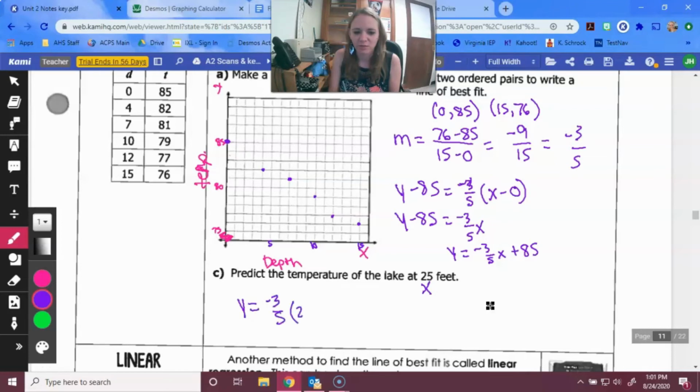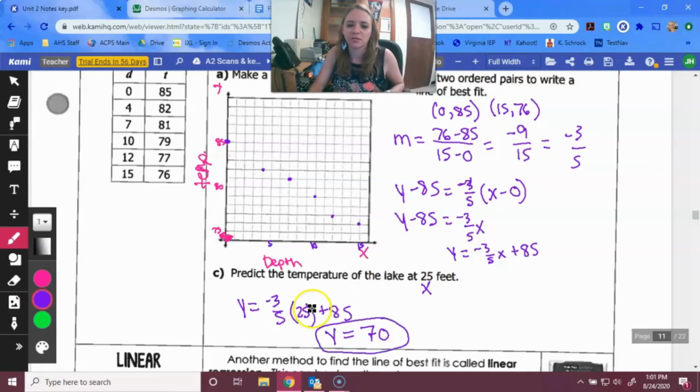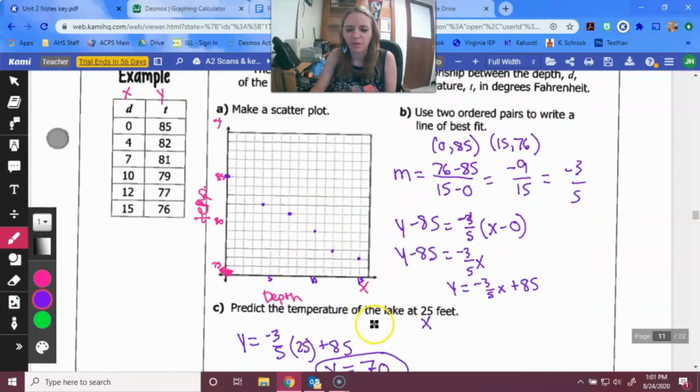Plug in 25 for X. And again, 25 is way off the graph, so that's why we're using the equation to do this. And you get 70. Definitely real world applications here for some kind of job where you have to make predictions like this.